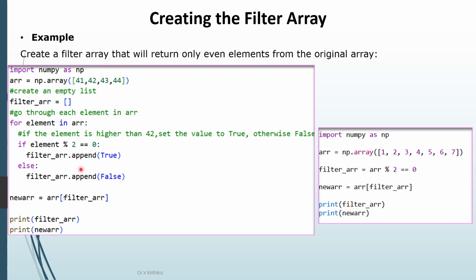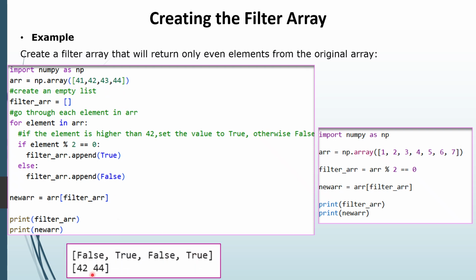So this is not even, this is even, this is odd, and this is even, so the answer is 42 and 44. I've just used the same example, so I didn't change this comment. So you just change accordingly. If the element is even, then it is true, else false, meaning 41 and 43 become false. So just change this comment alone.